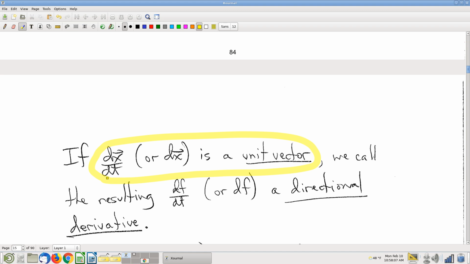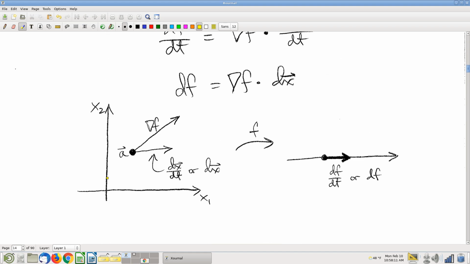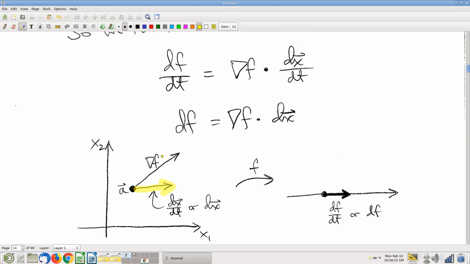I emphasize this not because you are morally obliged to. I'm saying this is an interesting special case. In general, these formulas work for any input vector. The chain rule is very powerful. It's very useful.